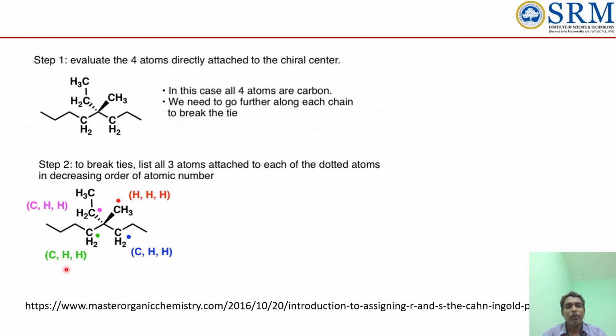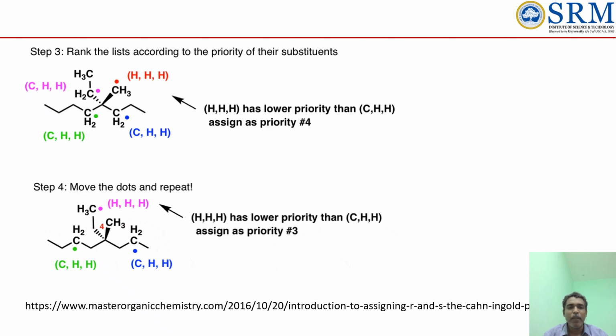Whatever this particular carbon, the green, this is CH3, the carbon attached with 3 hydrogens. In this pink dot you have carbon, hydrogen and hydrogen. So the pink, green and the blue are in tie. So this takes the priority 4.